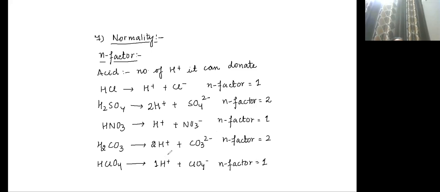Now in acid there is one exception. In one acid there is exception. So I hope acid is clear. How to calculate N factor? It is number of H plus it can donate. Now there is one exception in case of acid.